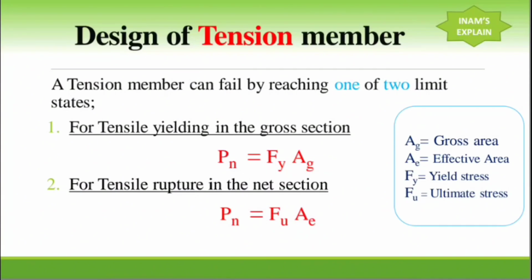And for tensile rupture, the nominal strength formula will be the ultimate strength multiplied by the effective area. Remember this. Why do we use the effective area?